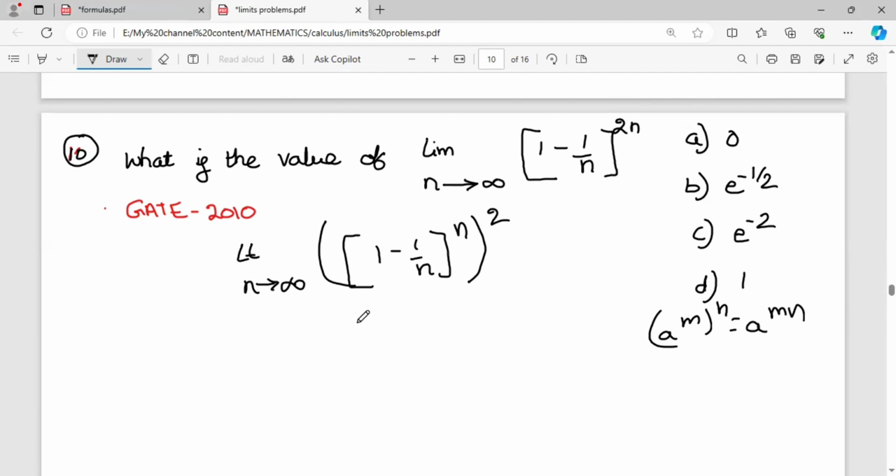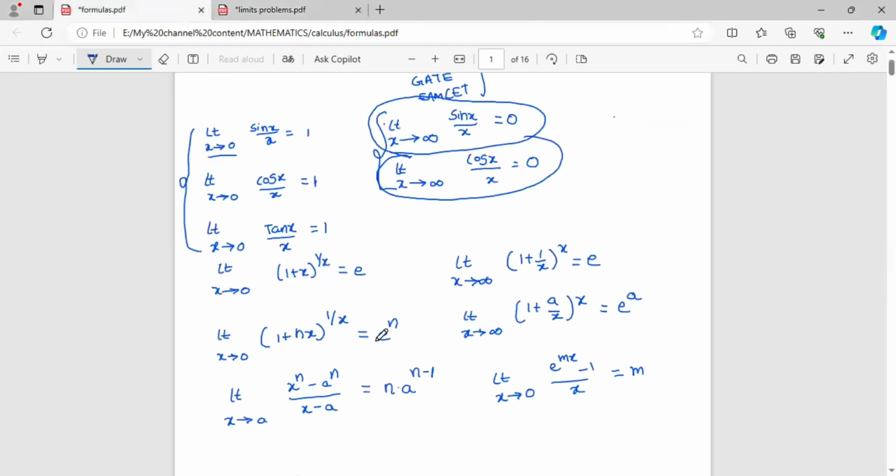Now the formula is limit n tends to infinity 1 minus 1 by n. If you observe, 1 minus 1 by n is like 1 plus 1 by x, so we can take it as e.